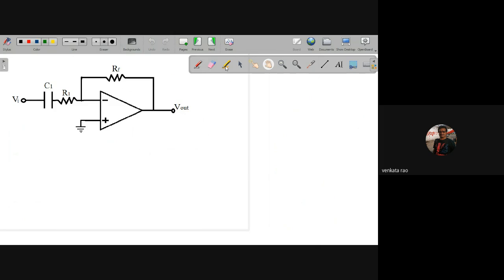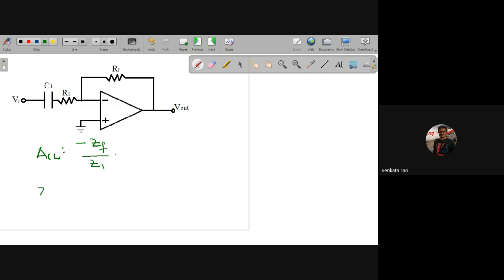So the closed loop gain for this one you can write as minus ZF by Z1.